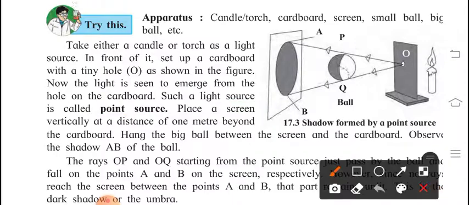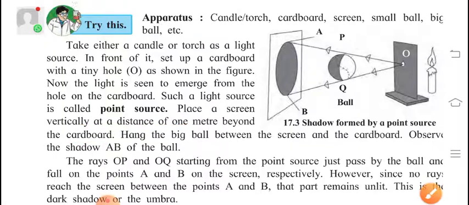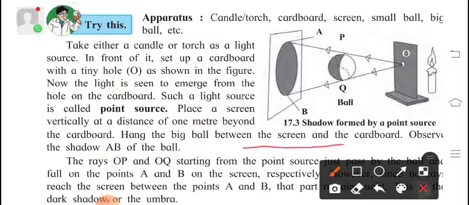Place a screen vertically at a distance of 1 meter beyond the cardboard. Hang the big ball between the screen and the cardboard. Observe the shadow of the ball.